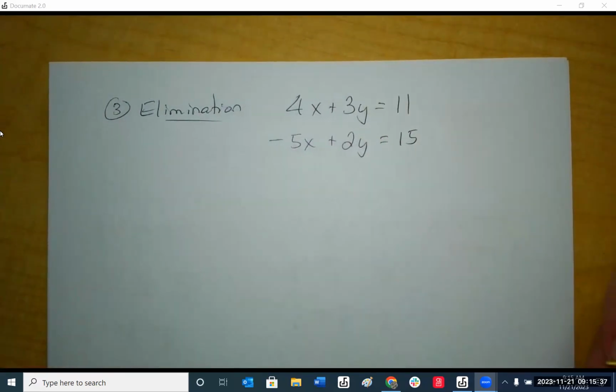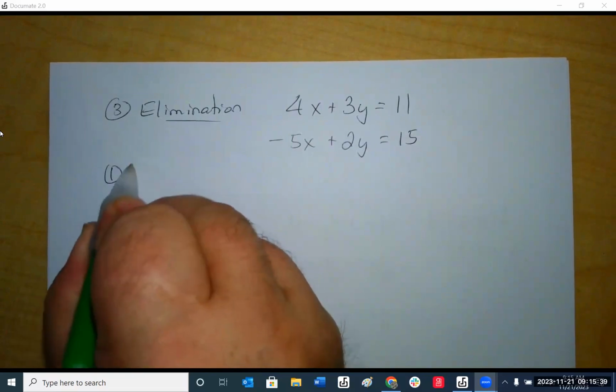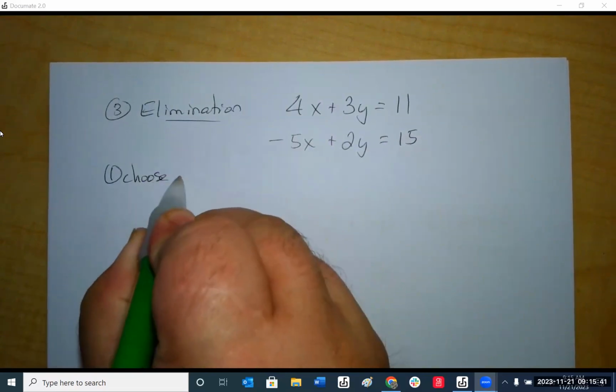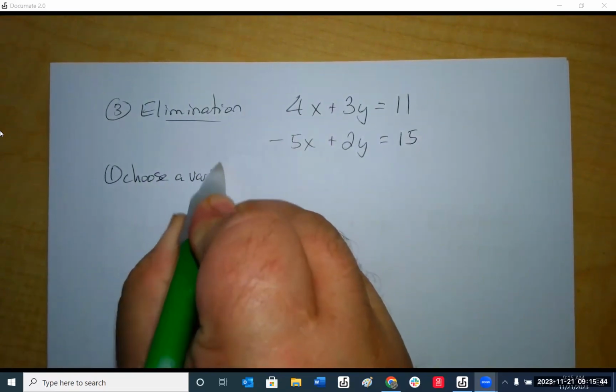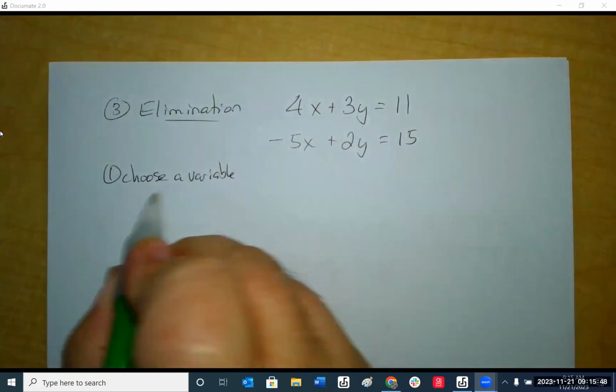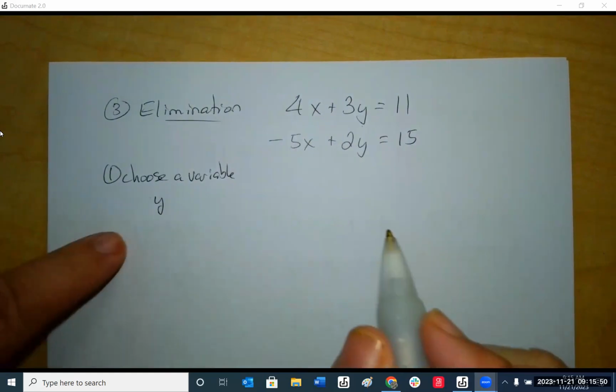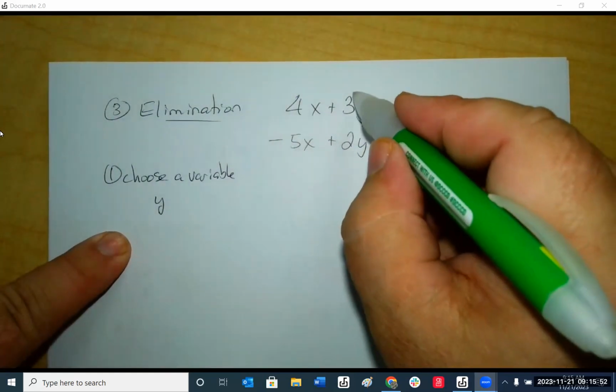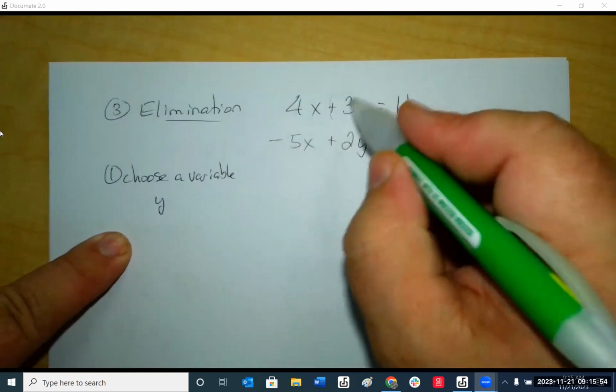So I'll pick a variable to eliminate. I'll pick y. So what has to happen is the coefficients have to be the same number but different signs.